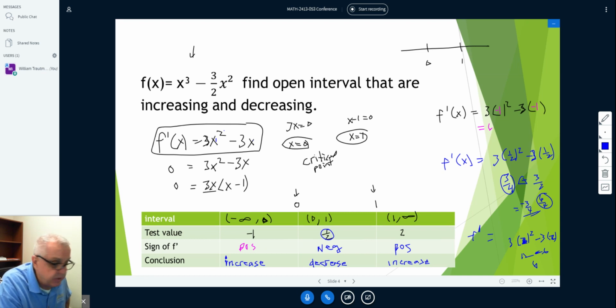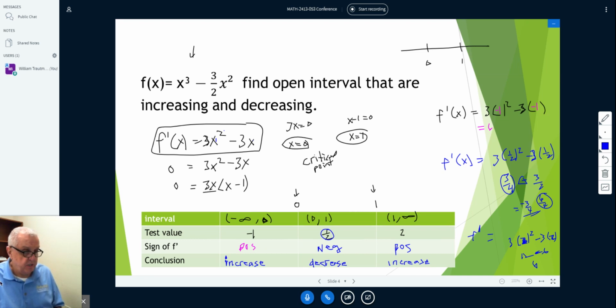So what I'm going to do is put this in my calculator. I'm going to put the original function, x to the third minus 1.5 x squared, and graph that.